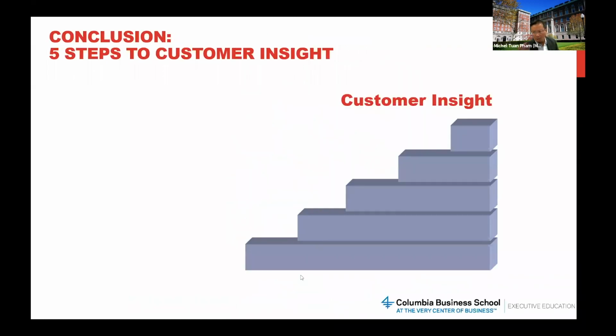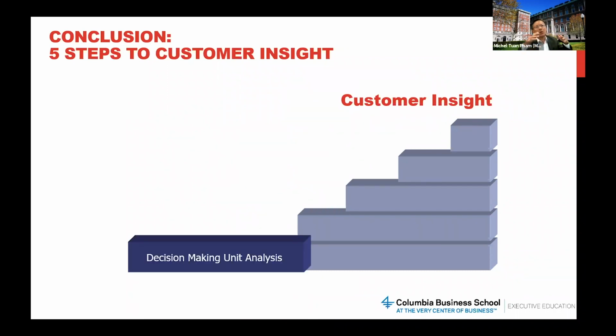So in a nutshell, let me summarize what we have covered today. If you want to have good customer insight, you need to be able to answer 5 sets of questions. The first question is, who are the key decision makers that you're dealing with, and how much influence do they have? That's what we call decision-making unit analysis.